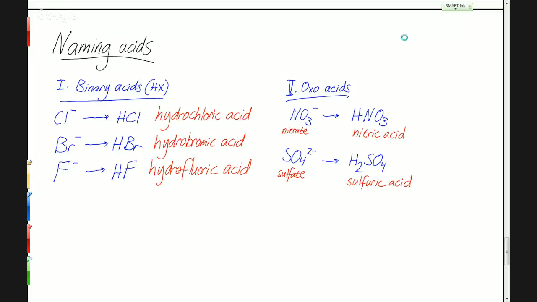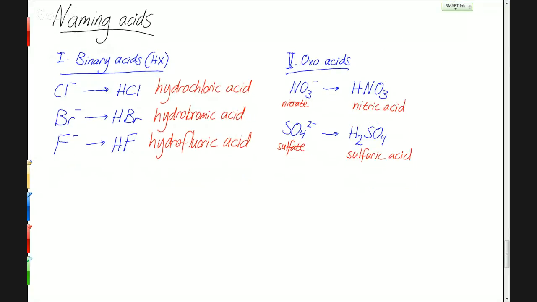And this ion, you don't know this ion, but this is called acetate. So then its acid is called acetic acid.